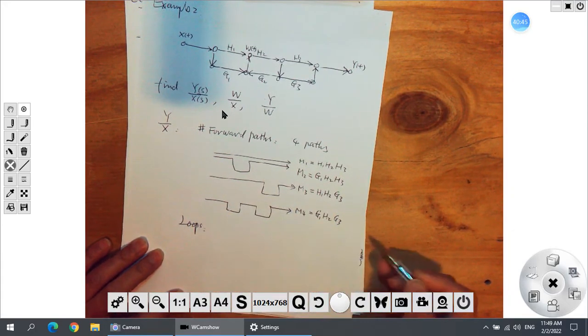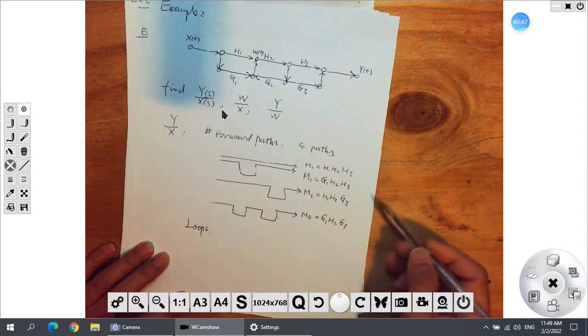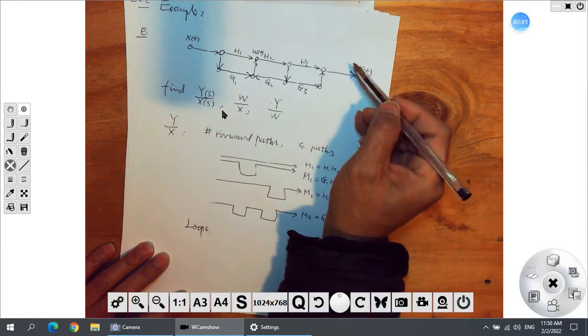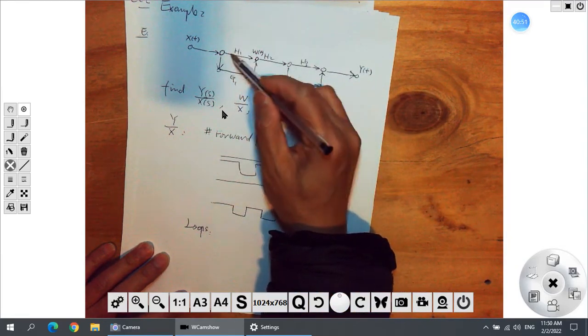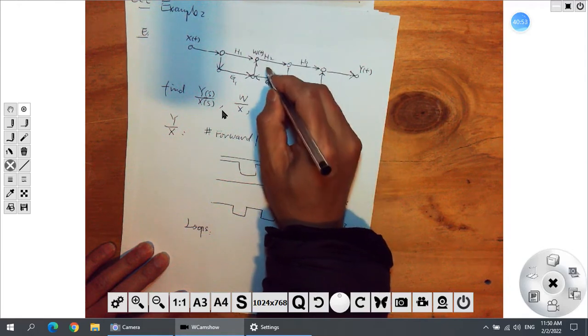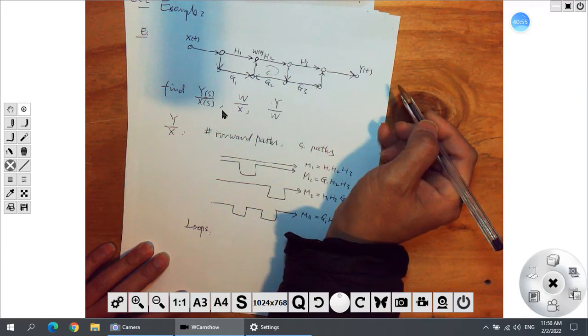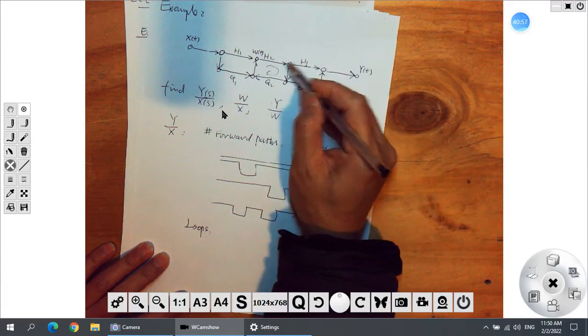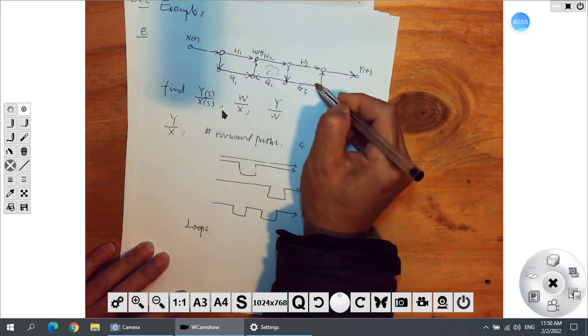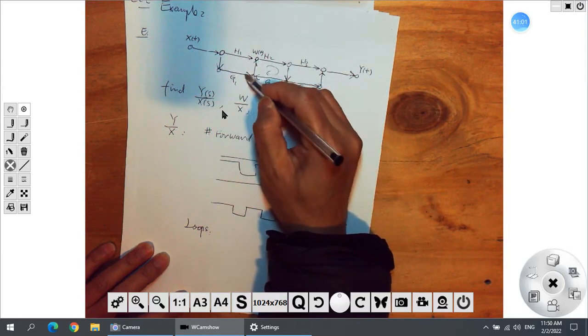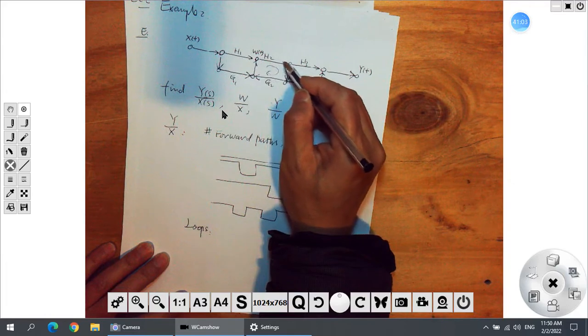How many loops do we have? A loop will be something going backward, right? This one is not. This one is, here's a loop. Do we have any more? Is this a loop? No. Is it a loop? No. Can we have some larger loop?